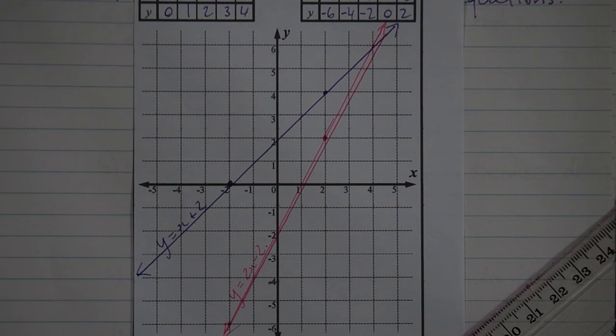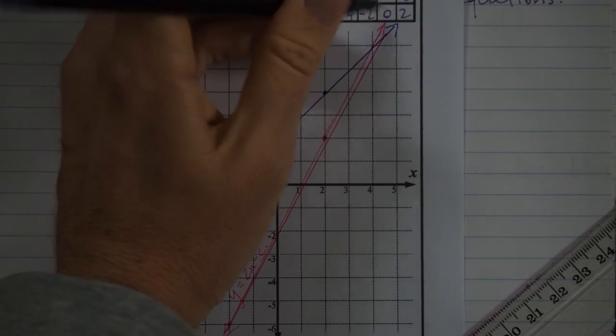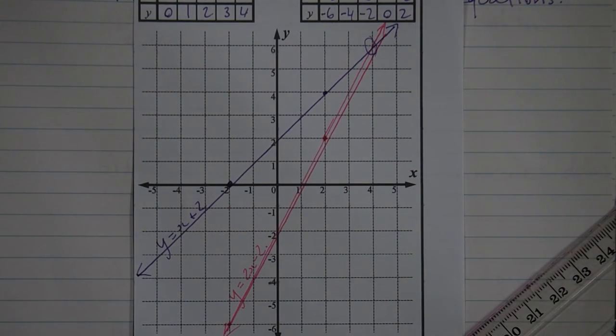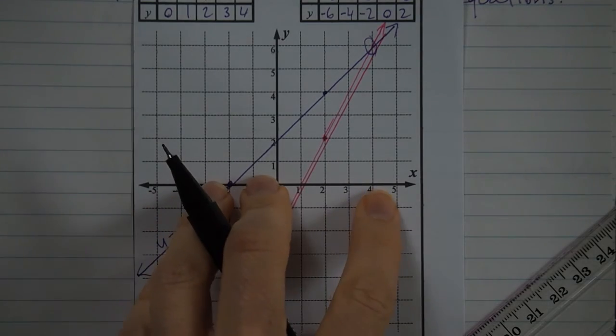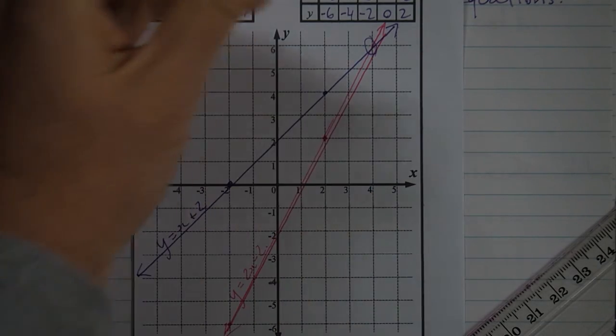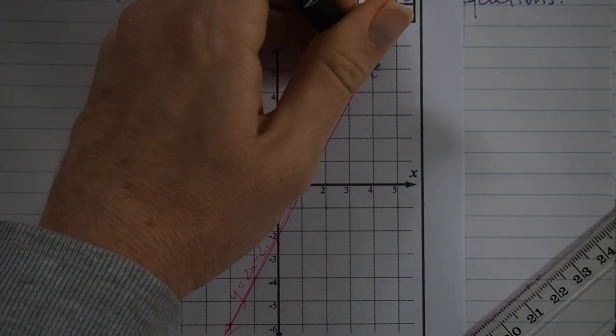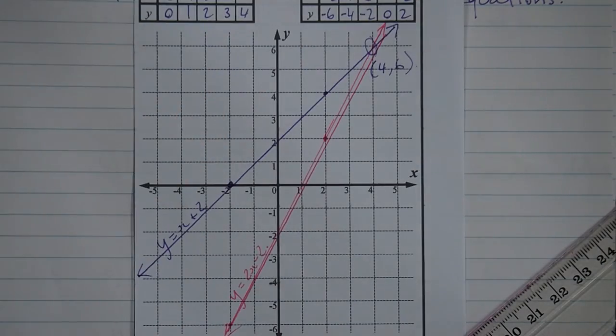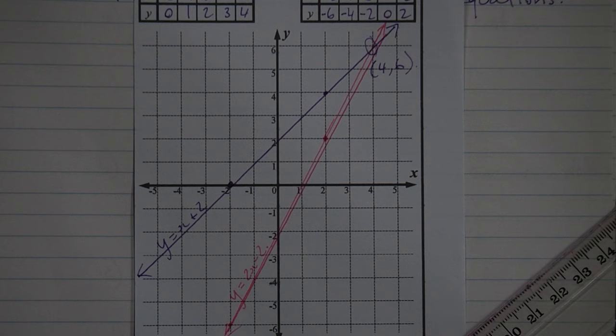So obviously we're looking for the point where the graphs intersect, which just so happens to be right here, without my mistake, at the point 4, 6. So we've graphed our lines and we've found the point of intersection.